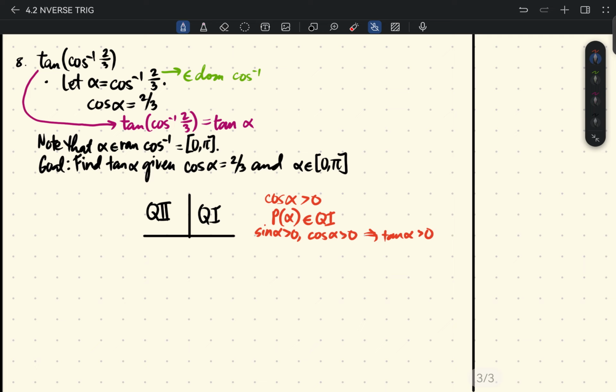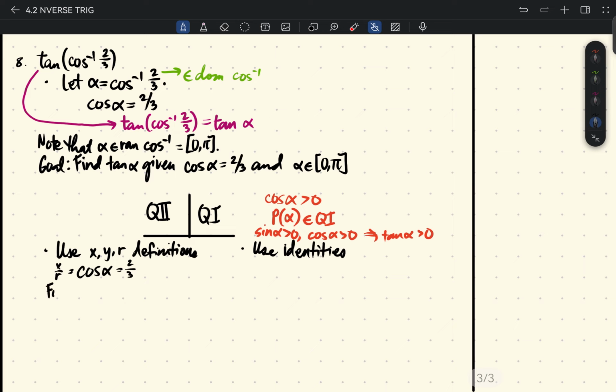Now, we can proceed in two ways. First, we can either use the x, y, r definitions, or we can use identities. So let's do the first one. Take note that cosine alpha equals x over r. But similarly, cosine alpha equals 2 over 3.